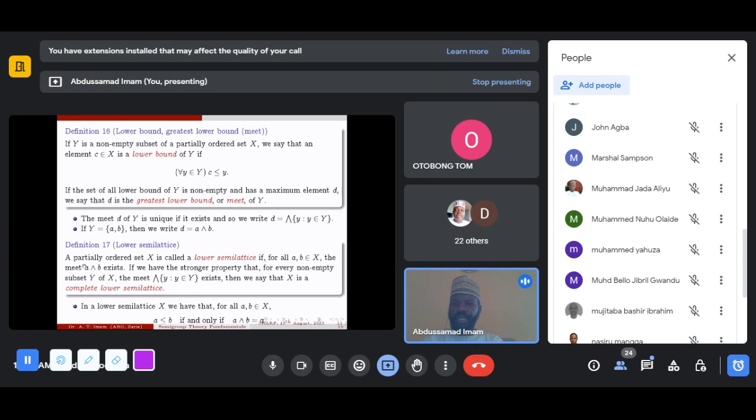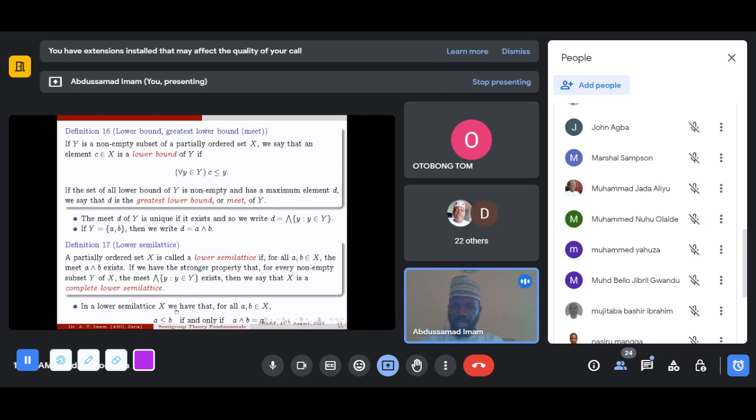And if we have the stronger property that for every non-empty set, not just a set of two elements, the meet exists, then we have a complete lower semilattice. Please, this is just a definition now.